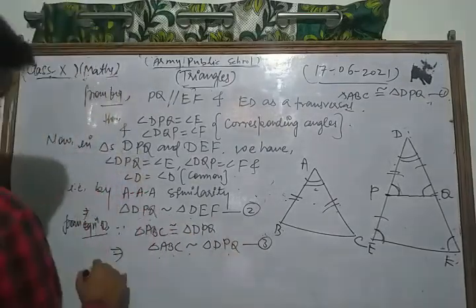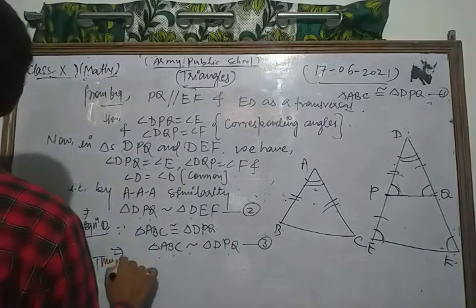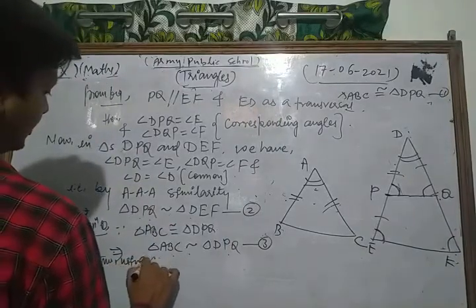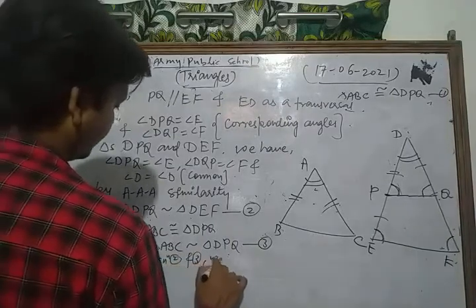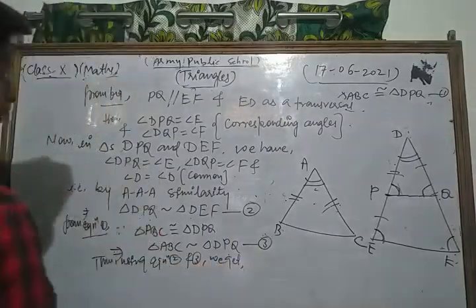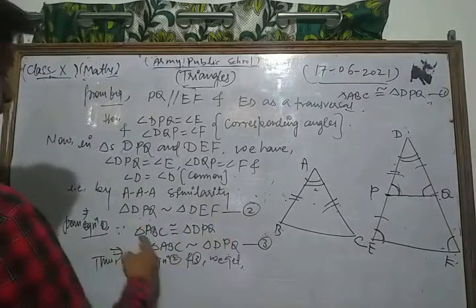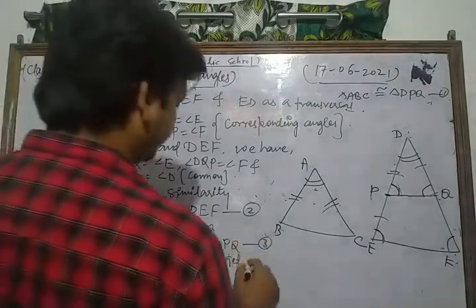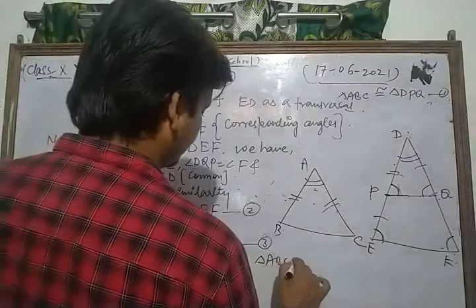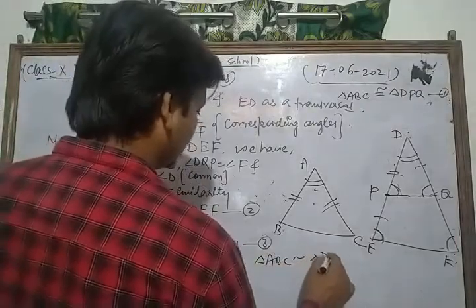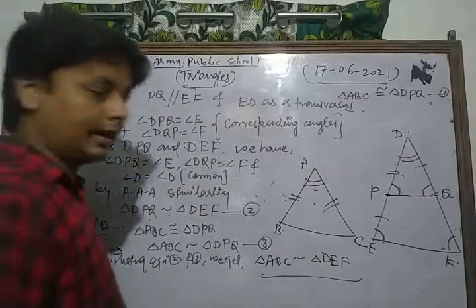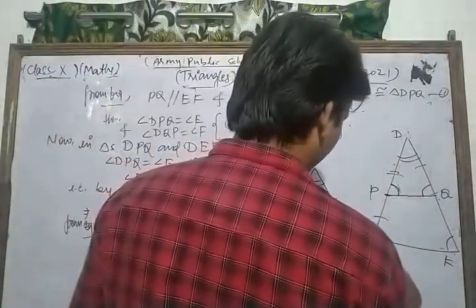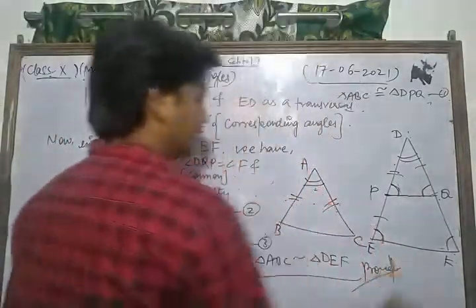So using equations 2 and 3, we get triangle ABC is similar to triangle DEF. Hence proved.